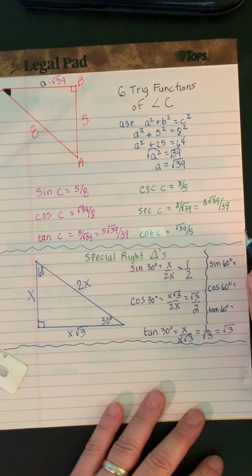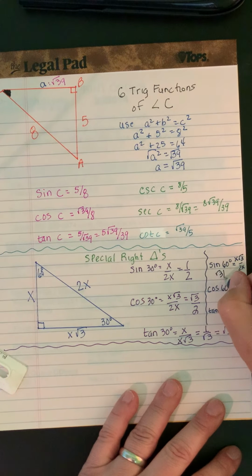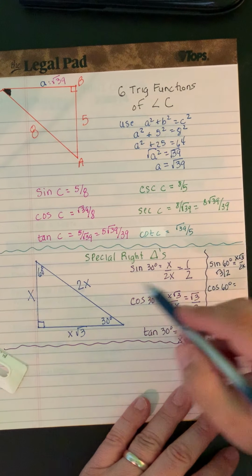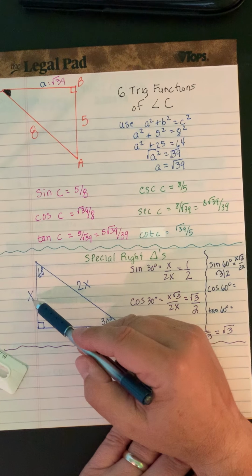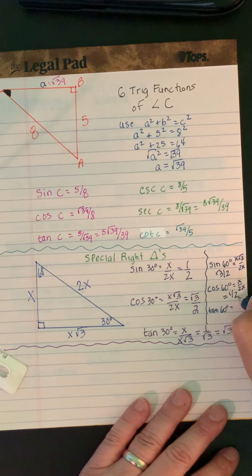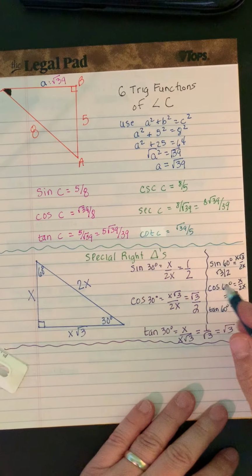So x radical 3 over 2x, which reduces to radical 3 over 2. Cosine 60, so adjacent x over hypotenuse, 2x, which is 1/2. And then the tangent of 60, opposite over adjacent.